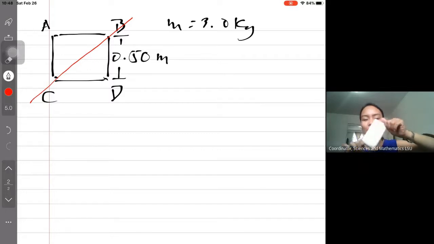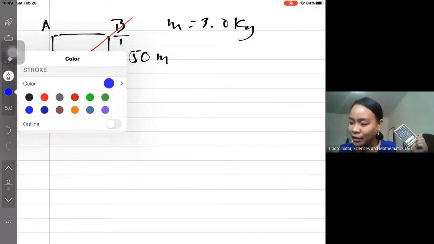So what are the points rotating in that axis of rotation? Points A and D are rotating around it. Is that understood? I will use another color for that.